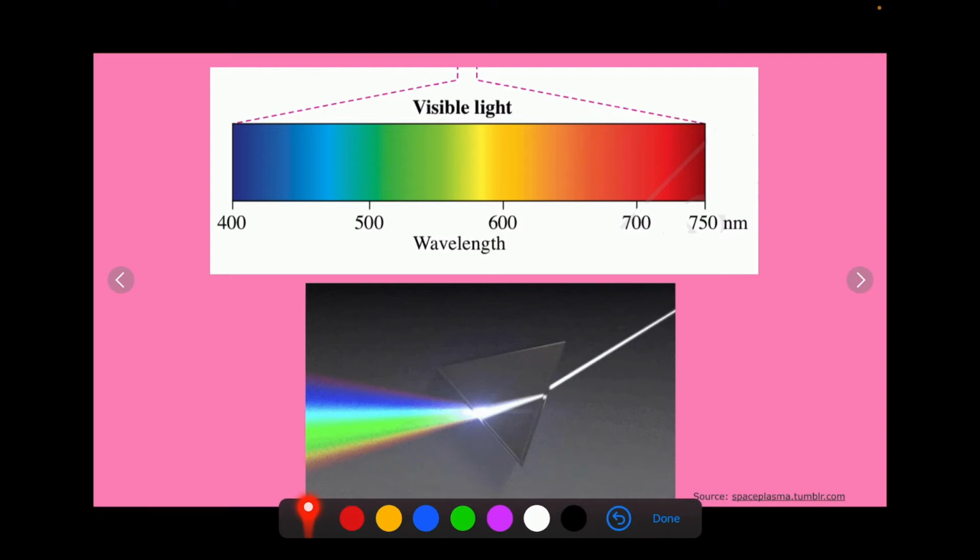This spectrum is formed when white light disperses through a prism. There are 7 component colors in this spectrum: red, orange, yellow, green, blue, indigo, and violet. Again, you have to memorize all of the colors in this spectrum. It is also known as the rainbow colors.